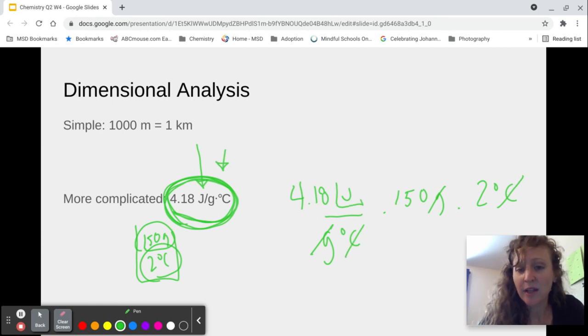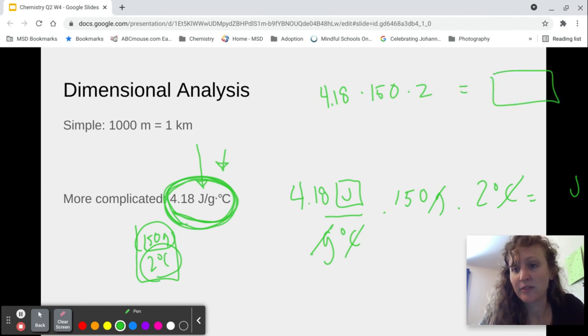And the one unit I'm left with is joules, right? I just set up my problem by only looking at my units. And now that I've set up my problem by only looking at my units, I can go back and deal with the numbers and find whatever my answer is going to be in joules.